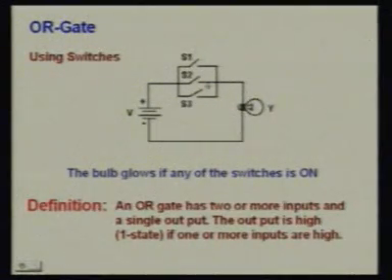Means if any of the inputs is high, the output will be high. The output will be low only if all the inputs are zero, that is, when all the switches are open and the bulb will not glow.